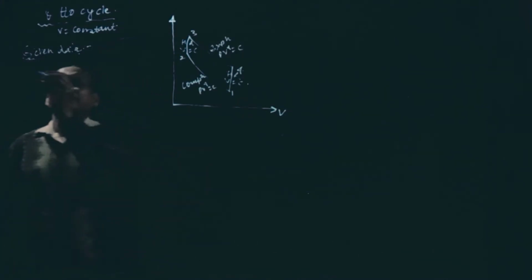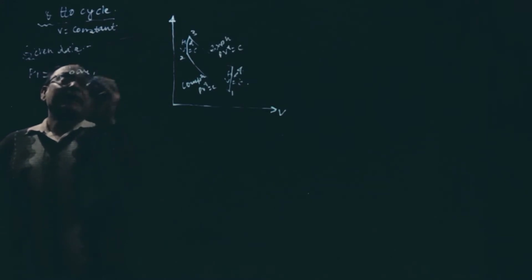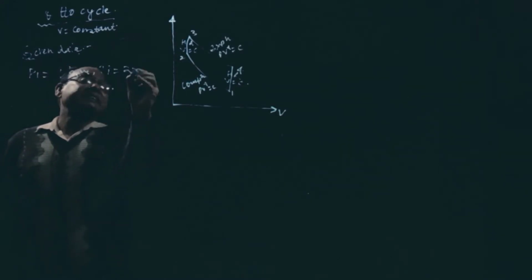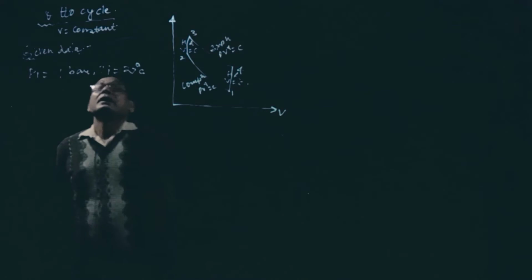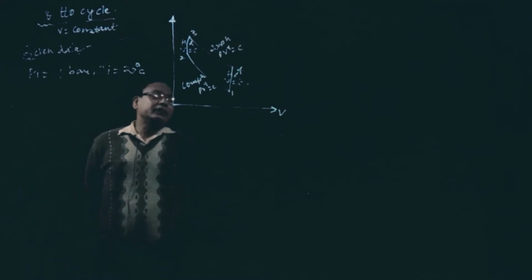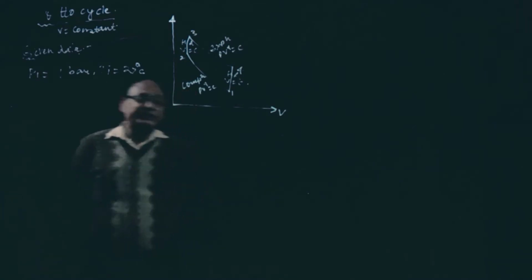Having a pressure P1 as 1 bar and T1 as 27 degrees centigrade. That means P1 and T1 are given, at the beginning of compression.